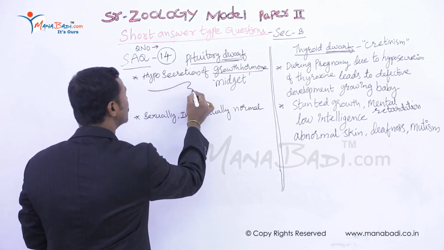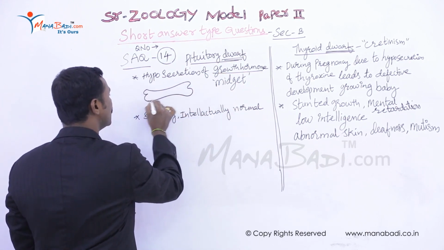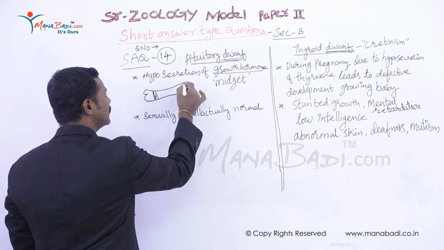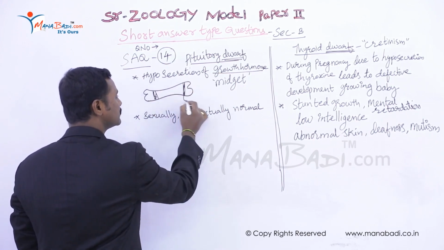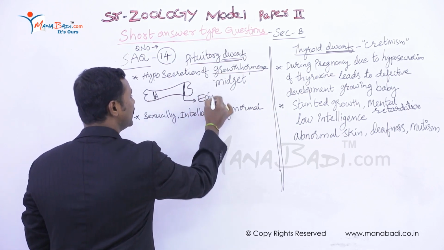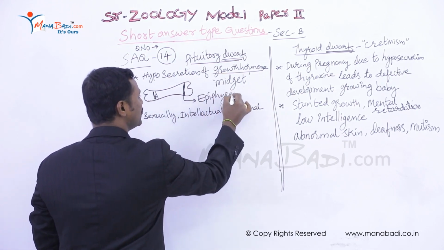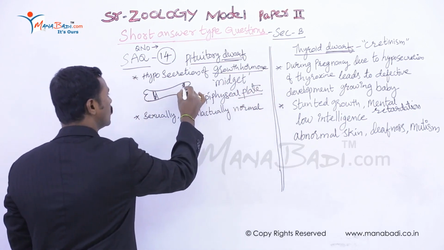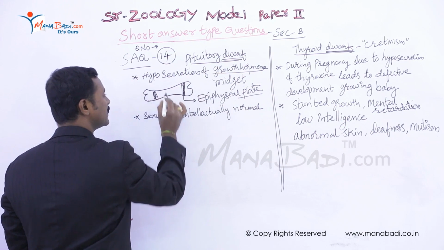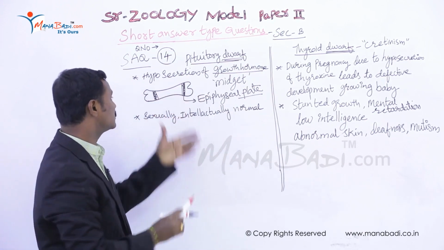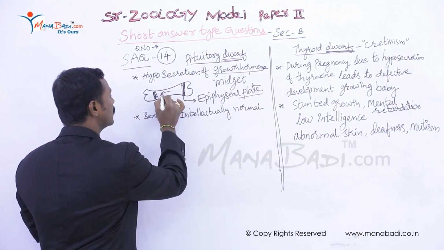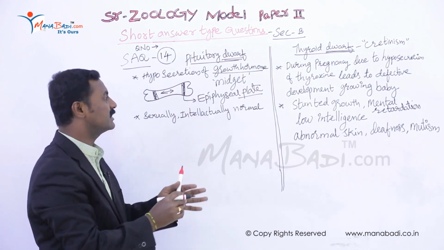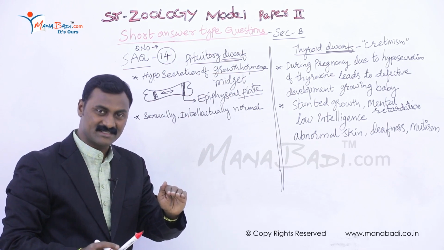Because of that, what happens in these people? The epiphyseal line of the long bones becomes the epiphyseal plate. So their bones do not grow properly, and that's why they are very short.